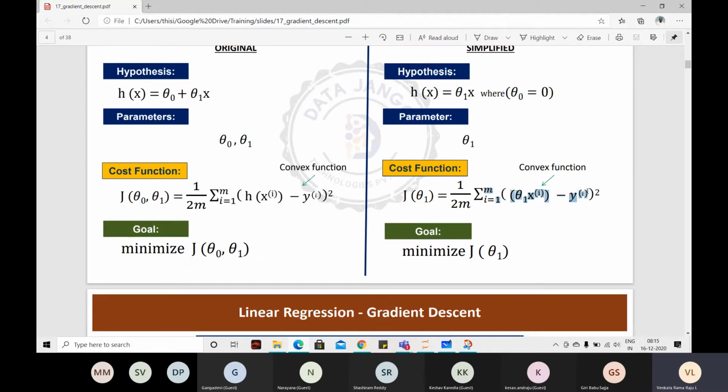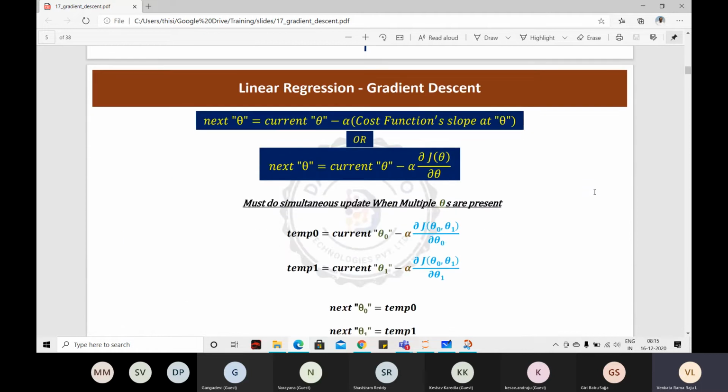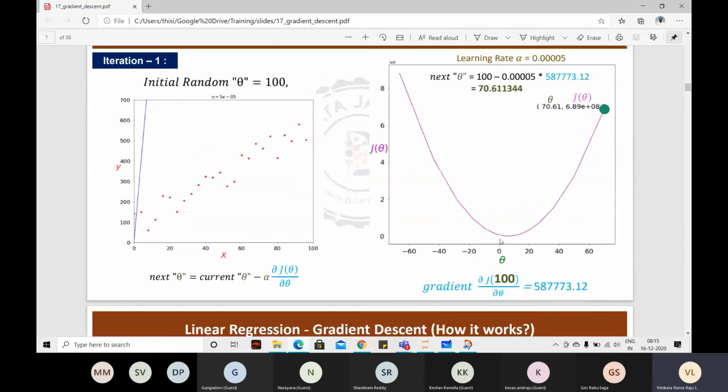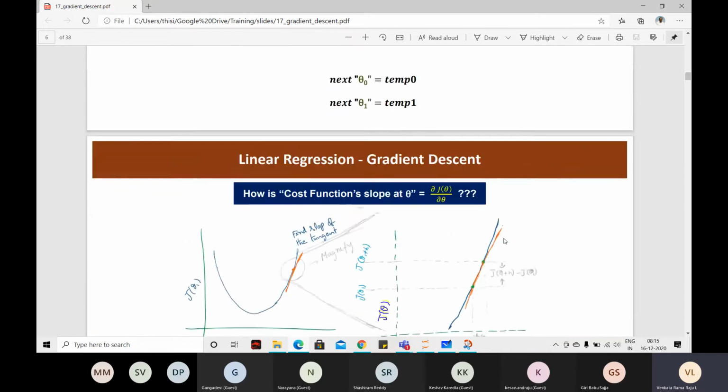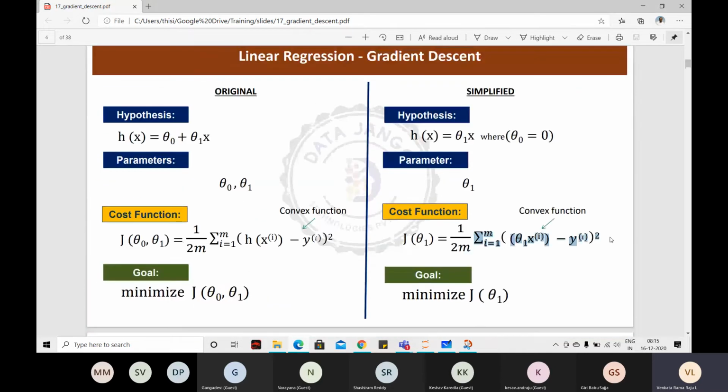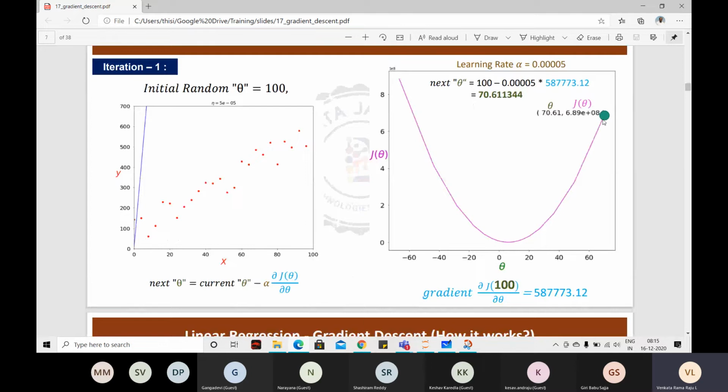We took this cost function because we wanted a convex function, because at the bottom of the convex function, the slope is zero. We intentionally took this cost. Why not absolute error? Why not some other cost function? Only the squared cost function we have taken because we want the cost function to be convex, where the slope of the tangent becomes zero.